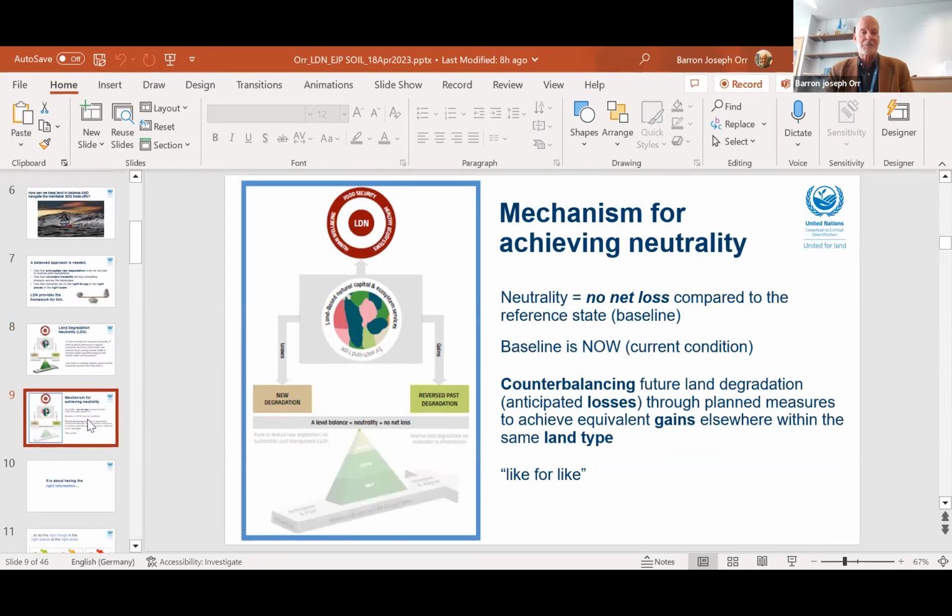So the mechanism for neutrality, as I mentioned, in this no net loss approach is something that we call counterbalancing. In this convention, we try to avoid terminology which has political baggage, because everything is voluntary when it comes to the UNCCD.